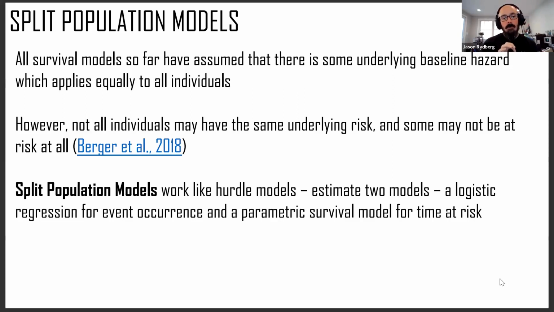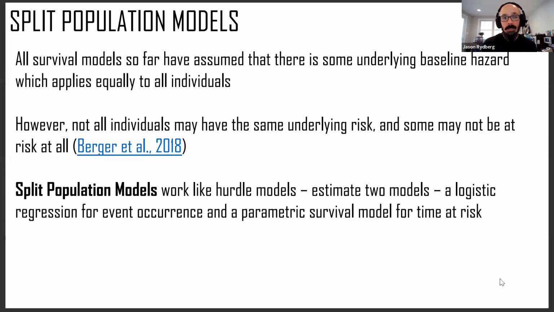What researchers who put forward these models indicate is, I don't know if we should really assume that that underlying hazard is the same for everybody. There are probably some units in your data that might not be at risk of the outcome at all, right? A classic example would be developing lung cancer.